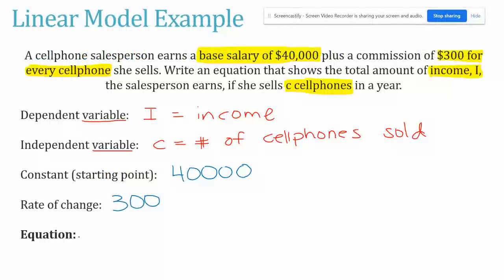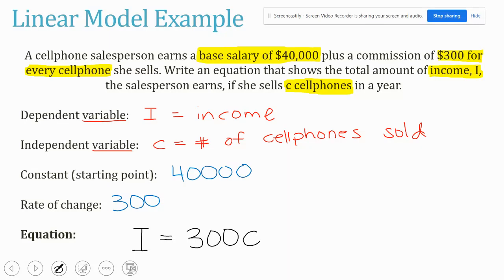So our dependent variable is I, so our income is equal to the rate of change times the independent variable, so 300 times however many cell phones she sells, plus that base salary of $40,000.